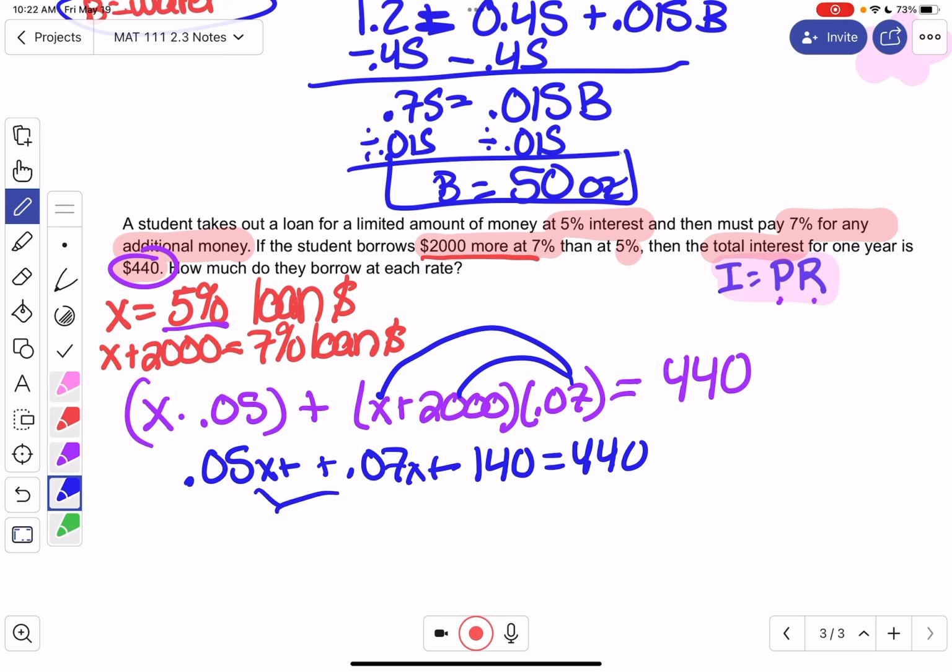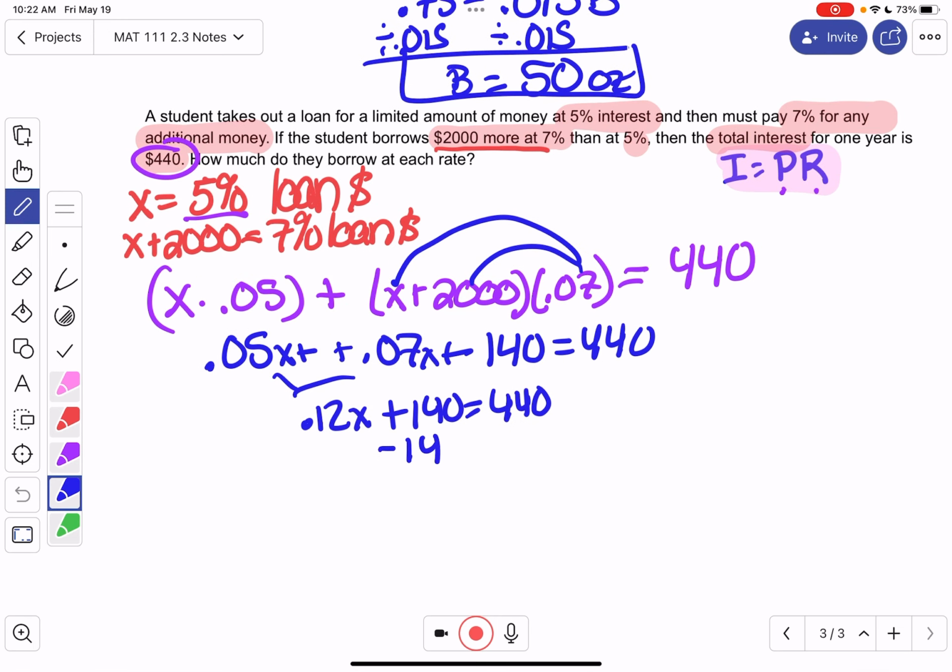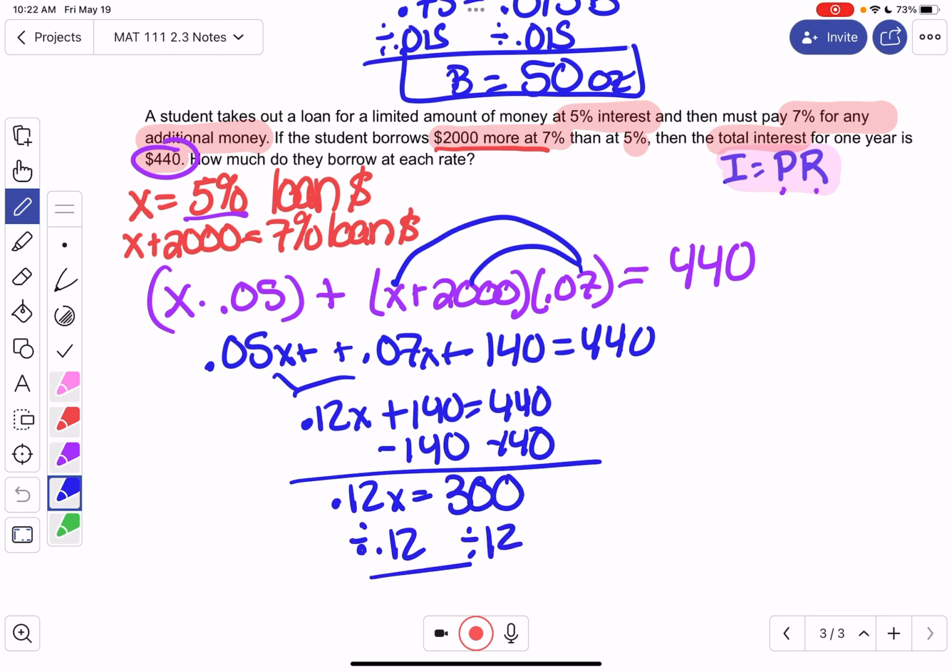Combine like terms, and I get 0.12x plus 140 equals 440. I'm going to subtract 140 from both sides. So I get 0.12x equals 300. I'm going to divide by 0.12, and I get x equals 2,500.